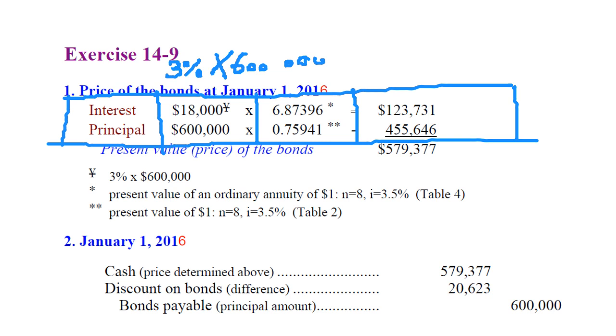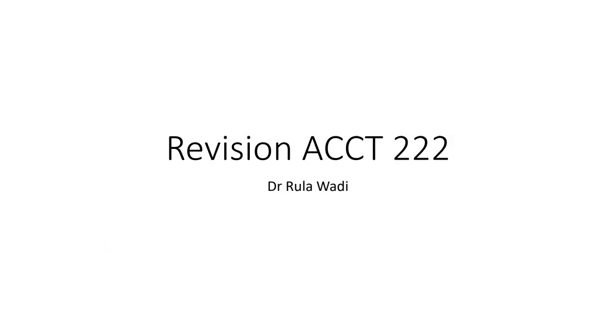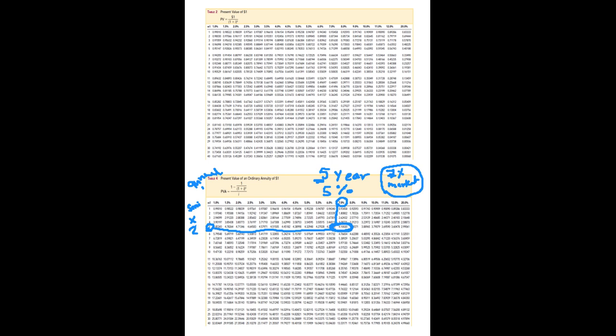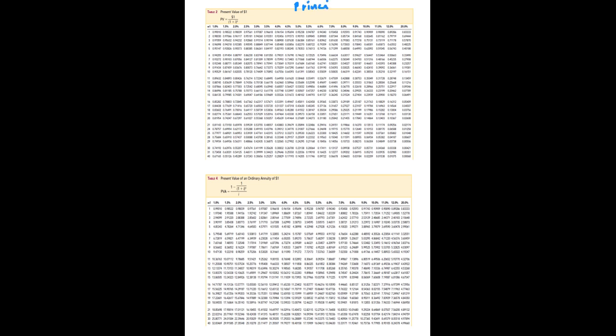Okay, so for the interest rate, I'll go to the ordinary tables. And we said that for the principal, we will use table 2. The number of payments was 8 payments, 4 years semi-annual, that means 8 payments.